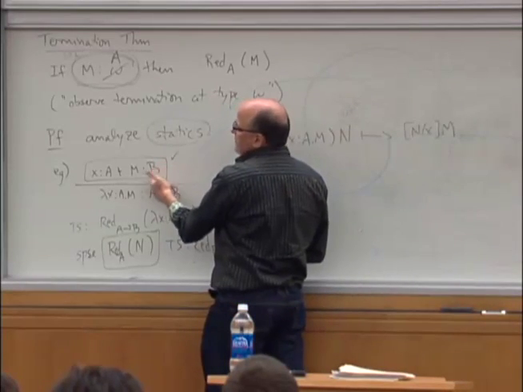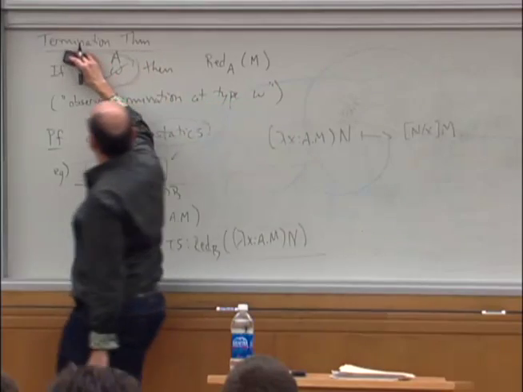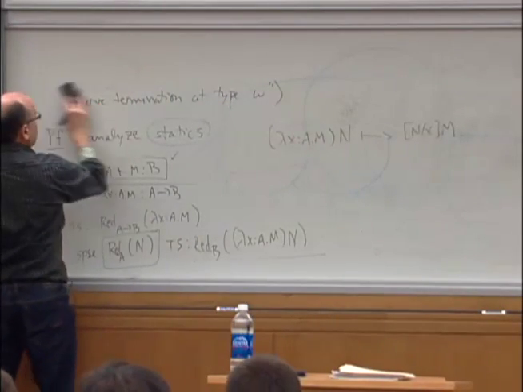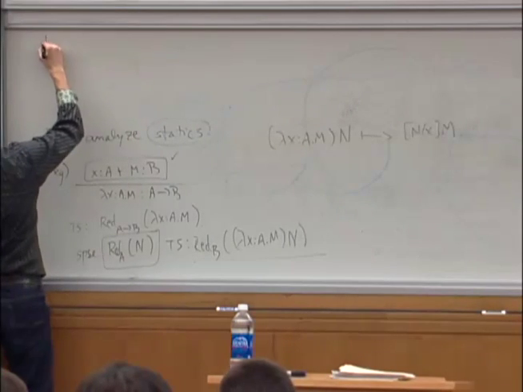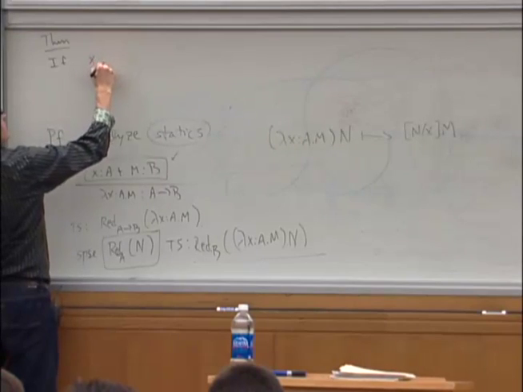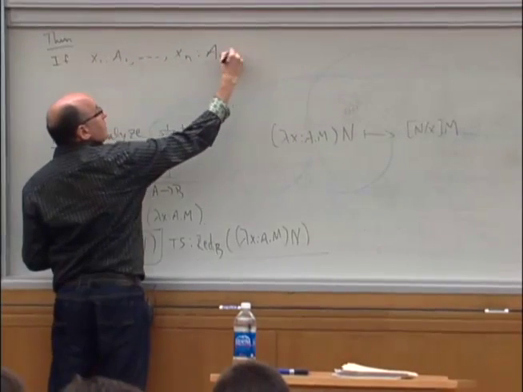Therefore, I have to say something about open terms. So the obvious thing to say is this. I'm going to change the theorem to the following. And we'll get rid of that. And we'll say this. So we'll say, in general, for open terms, and let's write it out with the gamma being explicit like this.